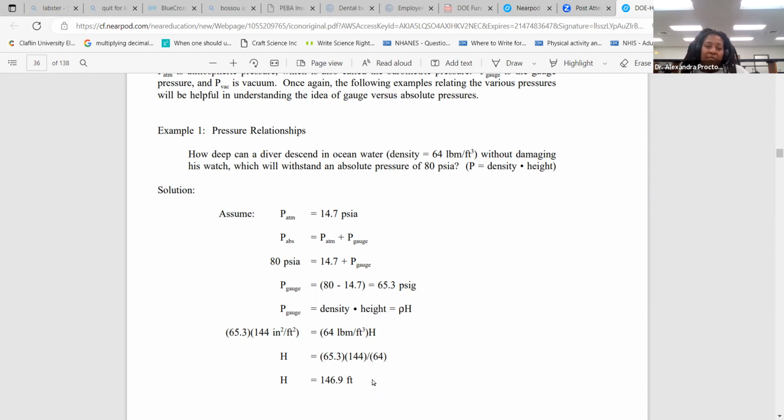So that is a conversion factor, right? That is considered a conversion factor. This right here is considered a conversion factor. Yes. So in this case, it's going to be the same.